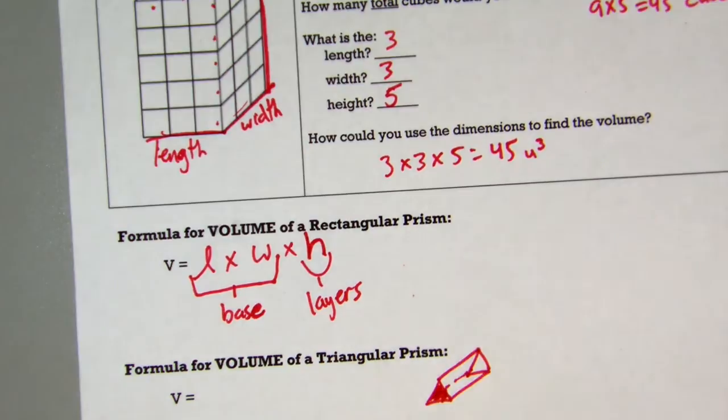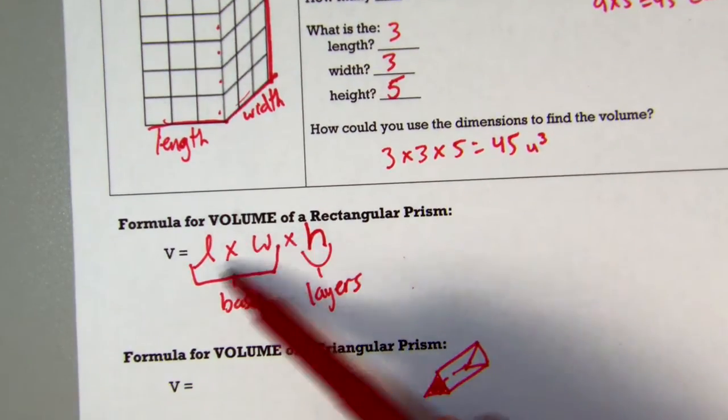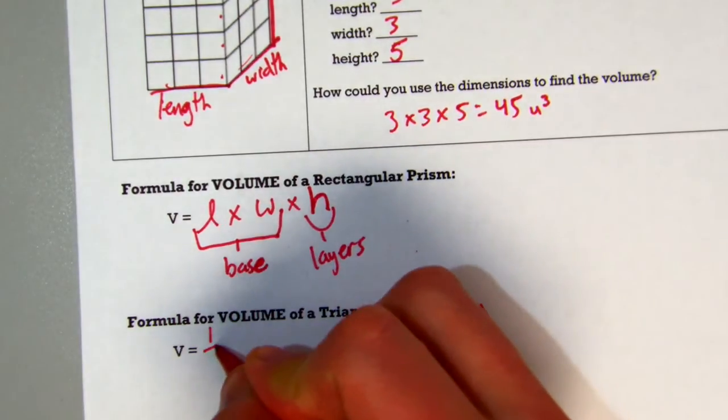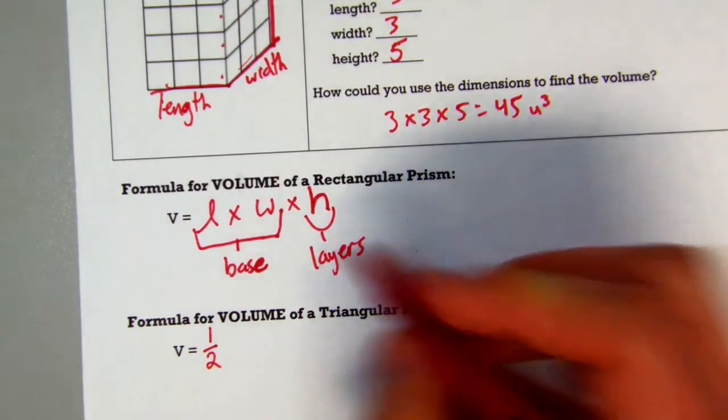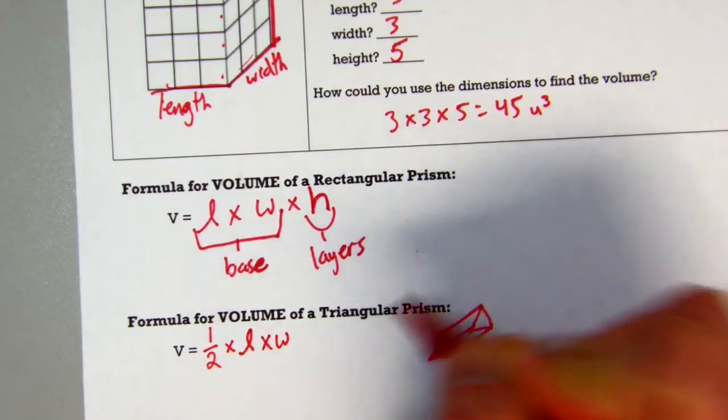So we're going to use our triangle as our base. And we're going to use a very similar formula. Just like the base was length times width for our rectangular prism, we're going to use the same kind of equation for our triangle base. So we're going to do half times length times width.